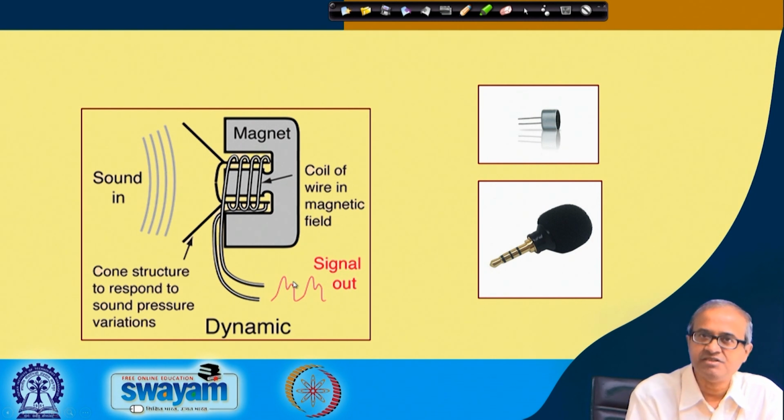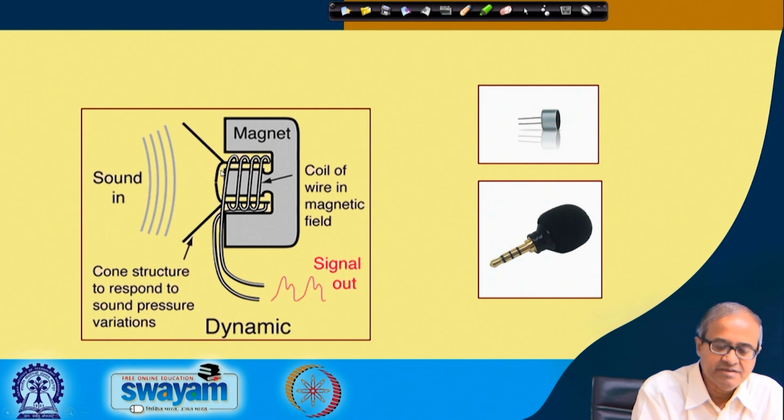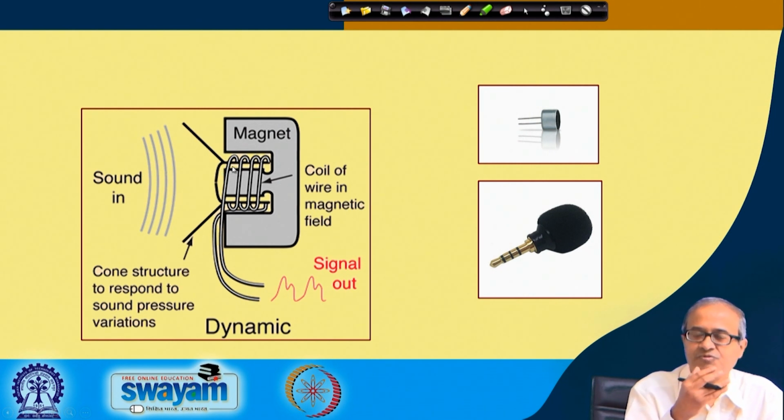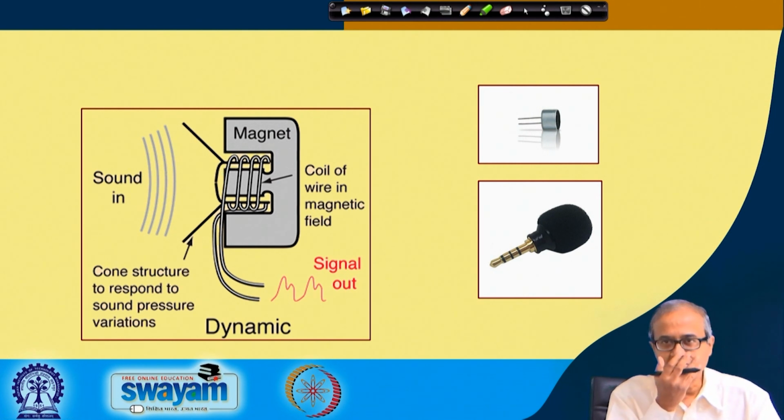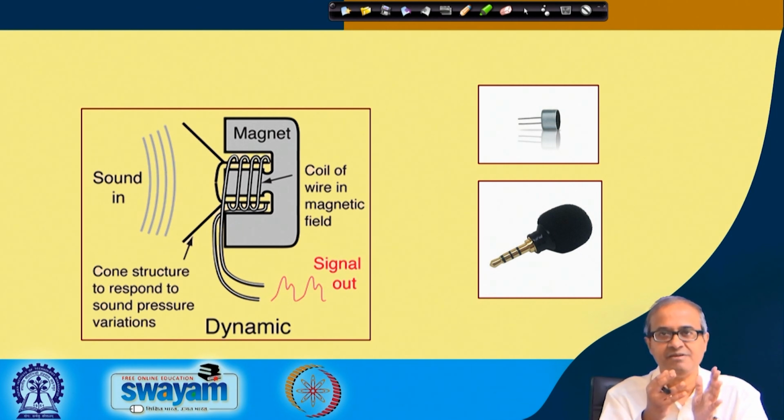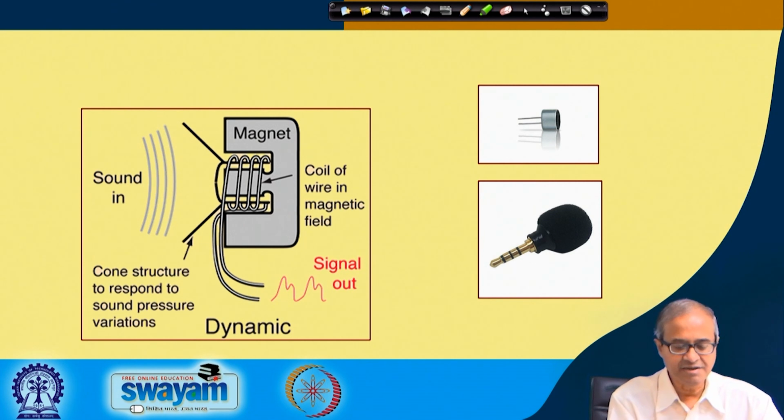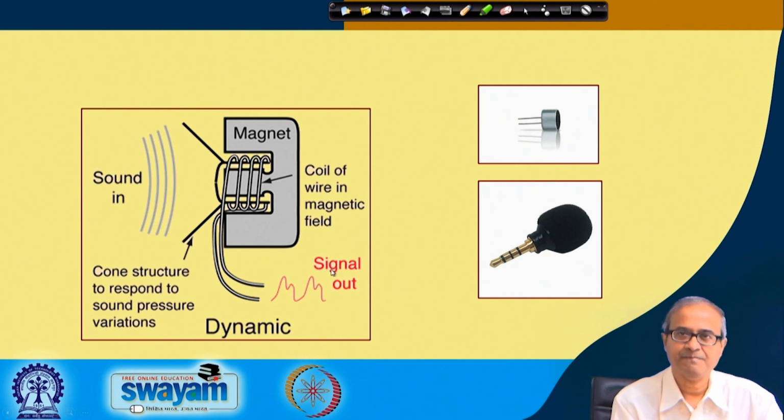Now, in a speaker it was reverse, I was applying a current and because of that the coil was moving, the diaphragm was moving, but now because of the sound I am giving in front, the diaphragm is moving first, a voltage is being generated, that is my signal, right. This is how it works.